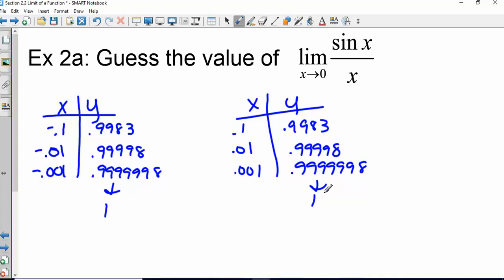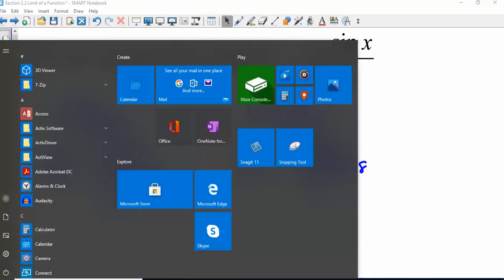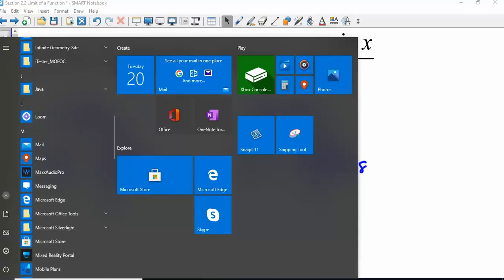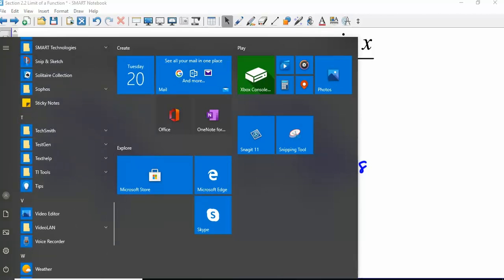So we can do it with trig functions too. What's the way we can kind of check if our answer was reasonable? Plug it in, like we could look at a graph.